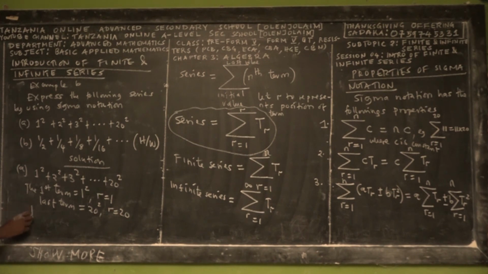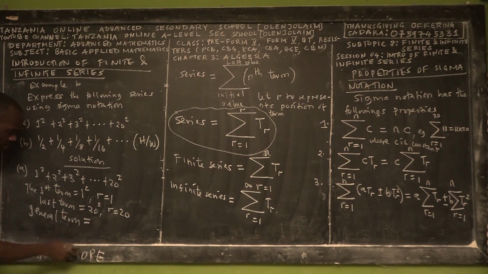So the last term or general term of that series is, let's say, the general term is r squared.